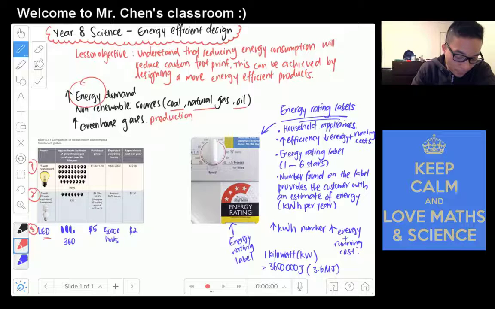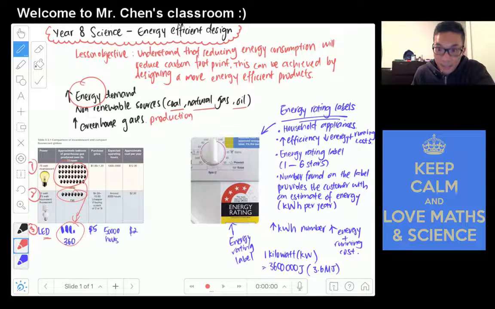First, one incandescent light bulb alone produces 3,600 pounds of greenhouse gases over its lifespan. Okay, and fluorescent creates 730, which is still a lot, but LED only produces 360, which is 10 times less than the incandescent light.